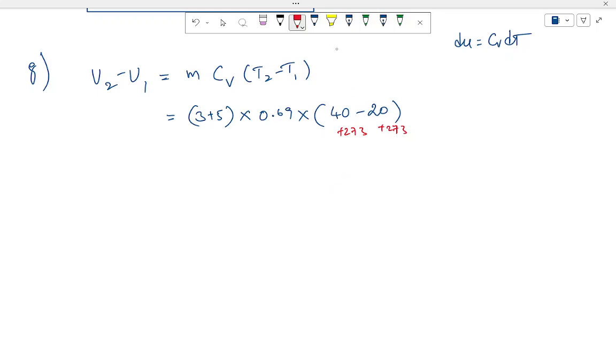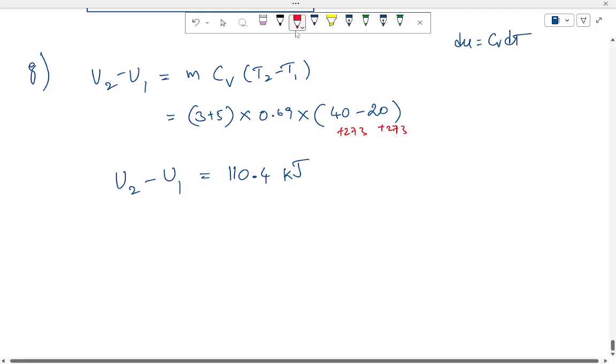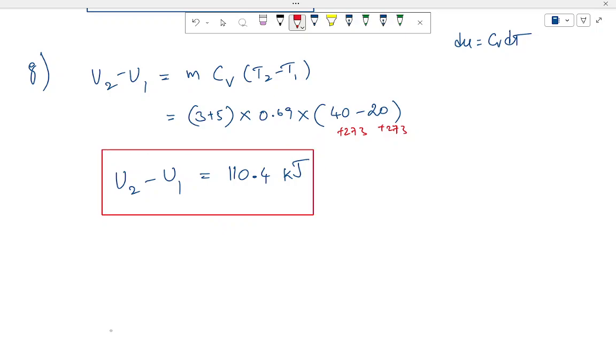That's why I'm directly substituting in degree centigrade. So you will get the U2 minus U1 value as 110.4 kilojoules. That's the difference in internal energy he's asking you to find.